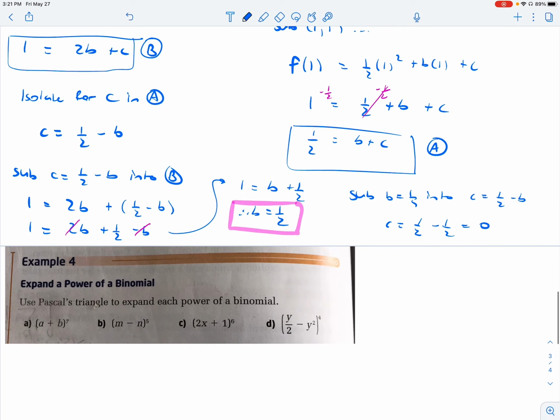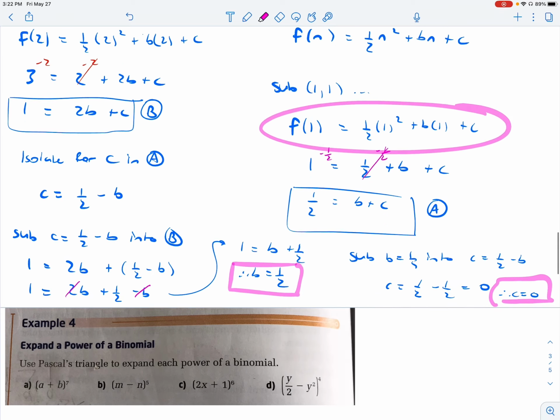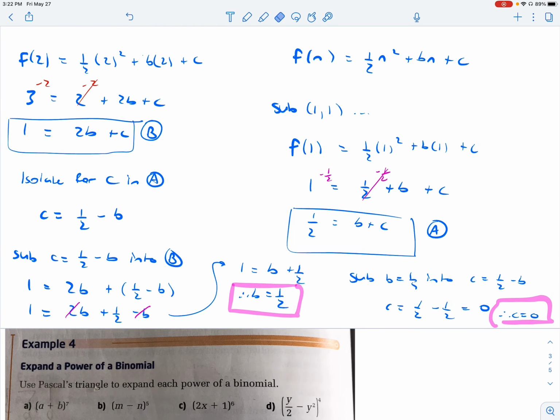And we get 0. Okay, so we just found our values for b and c. So we can go ahead and plug those in up here. Sorry, not that one. This one right here.